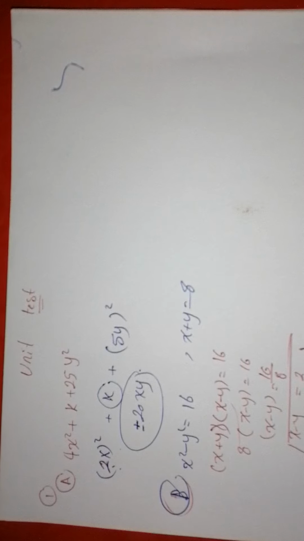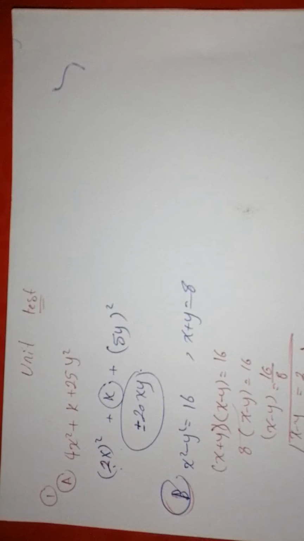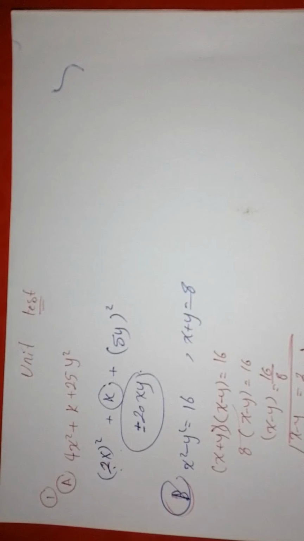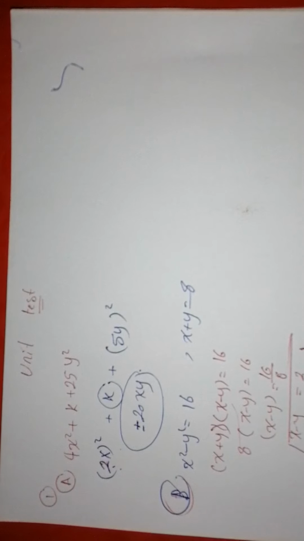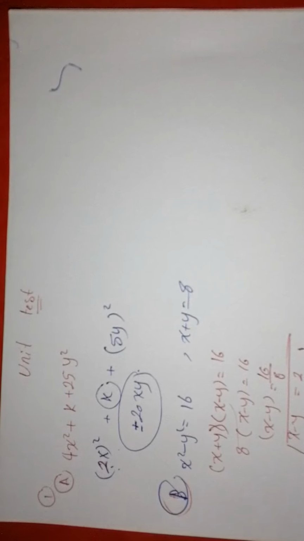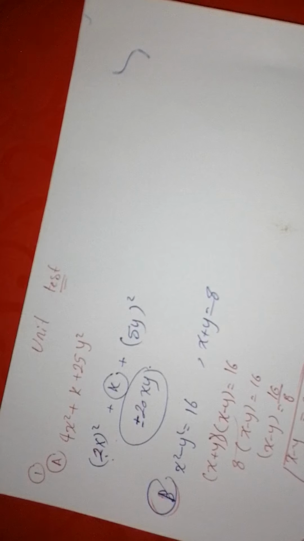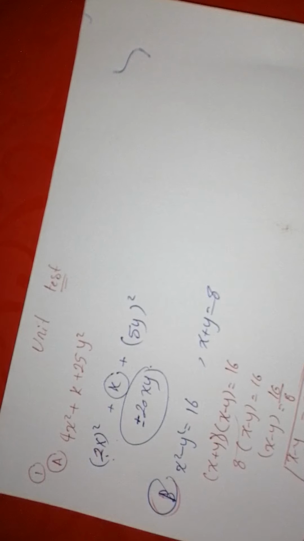Number C. If x plus y equals 3 and x power 2 minus xy plus y power 2 equal 5, then x power 3 plus y power 3 equal dots. So we have x power 3 plus y power 3. As this is a sum of two cubes, it can be factorized by two brackets, one smaller and the other bigger.